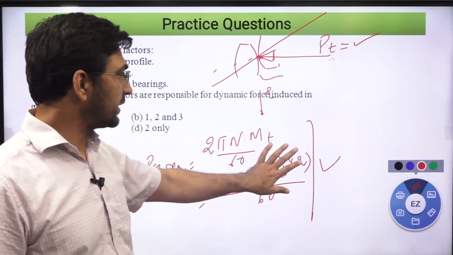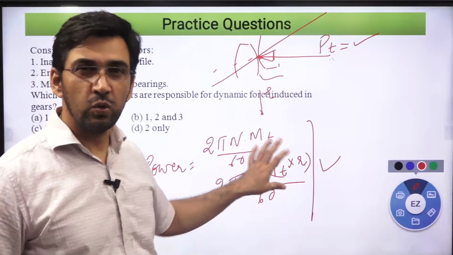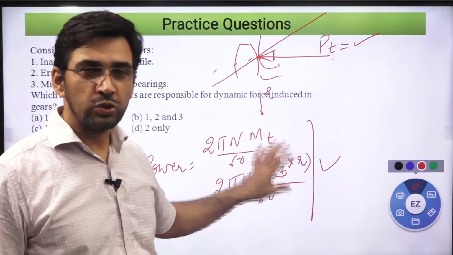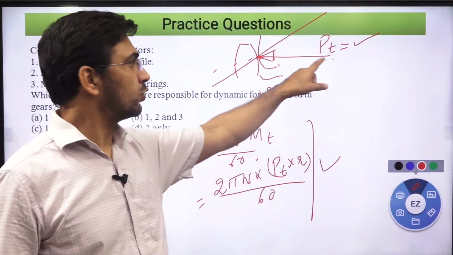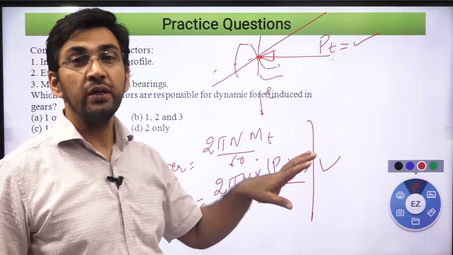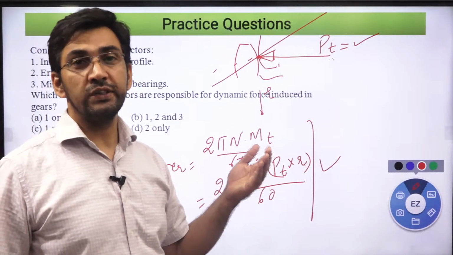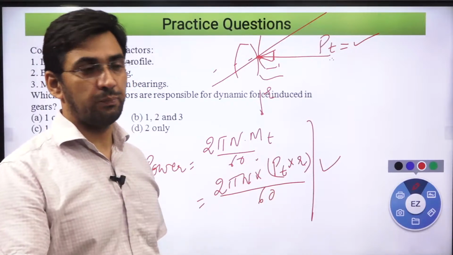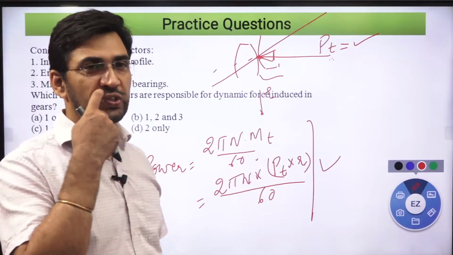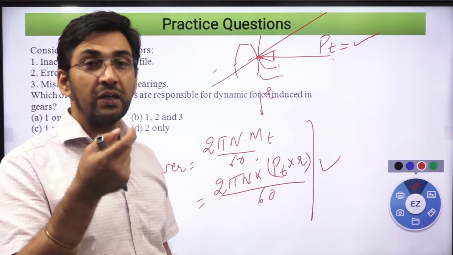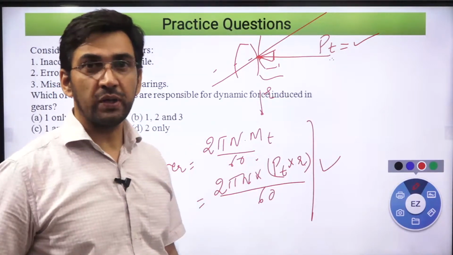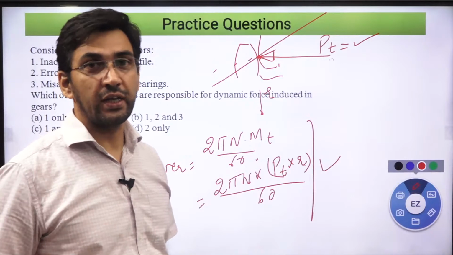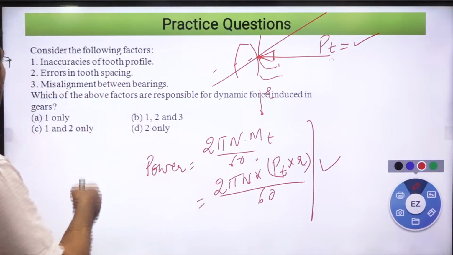This is more or less like static conditions, at very low speed. In addition to it, there are other loads acting on the gear tooth because of many practical problems. For example, if you don't have the contact ratio proper, then impact load can take place. Some of the reasons he has given you over here.